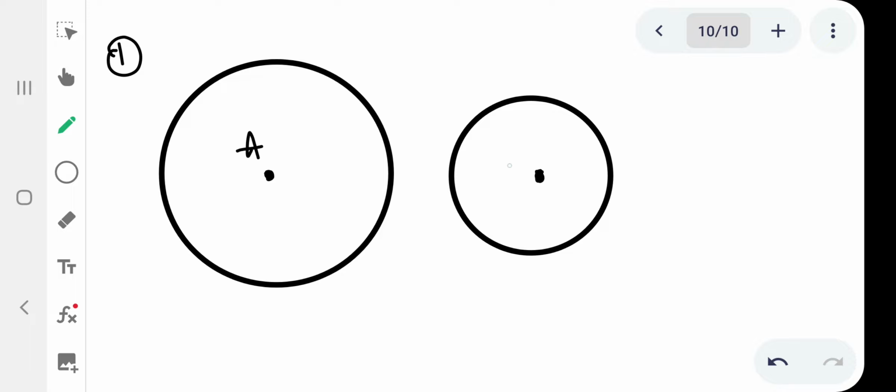So this is center A and this is center B. So we compare using the distance to see whether they intersect or not.